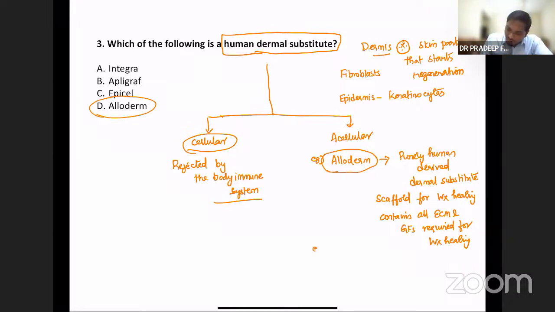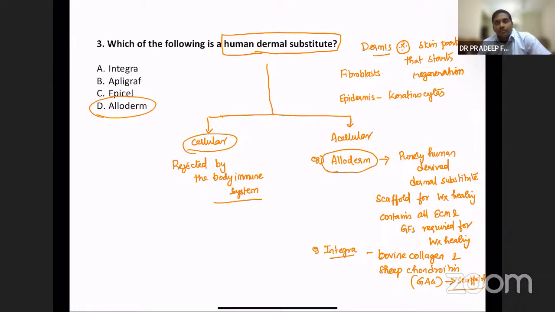What do you mean by integra? Integra is another acellular dermal matrix, but it is not humanized. It is from a bovine collagen and sheep chondroitin. So these are nothing but glycosaminoglycans that form a scaffold for the wound healing.